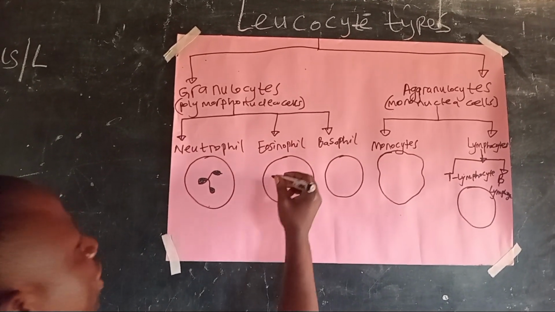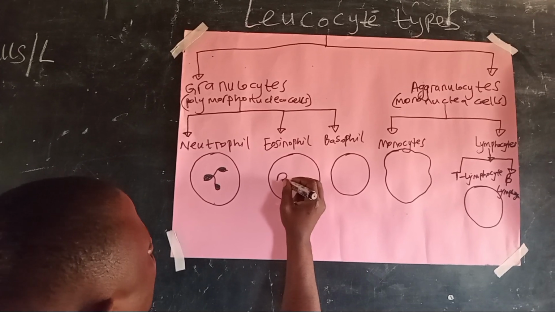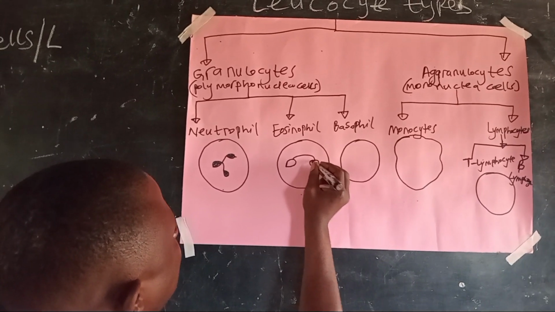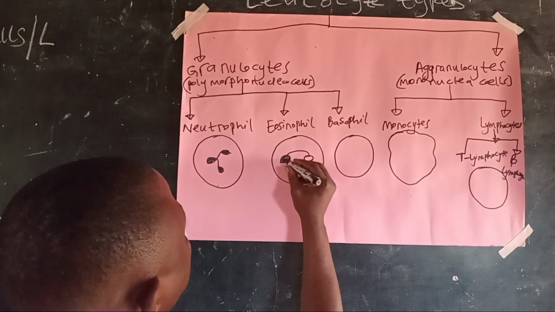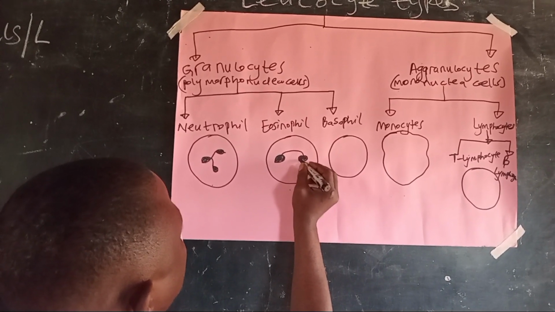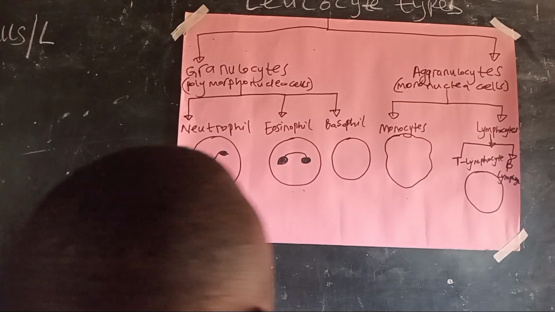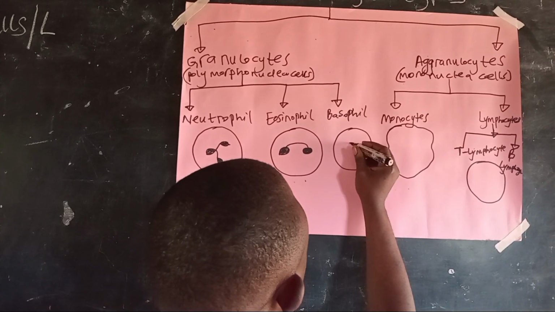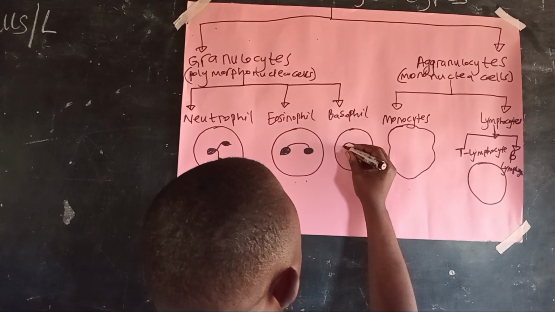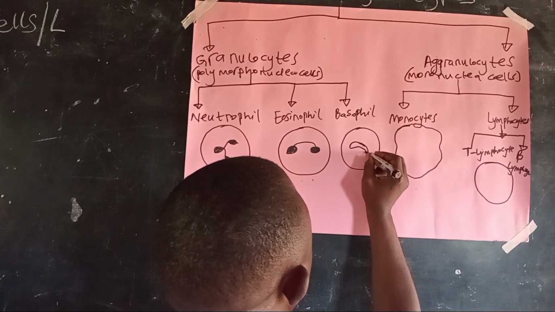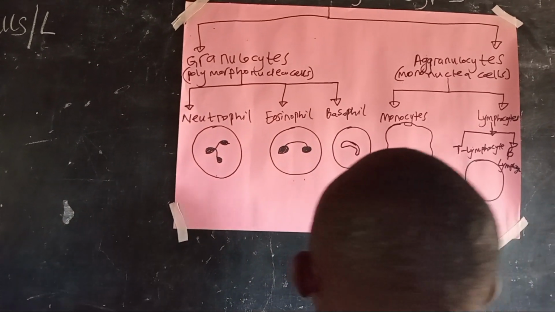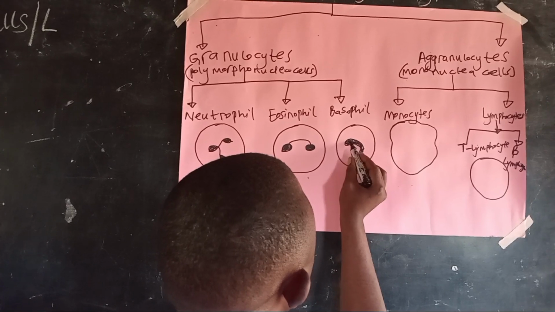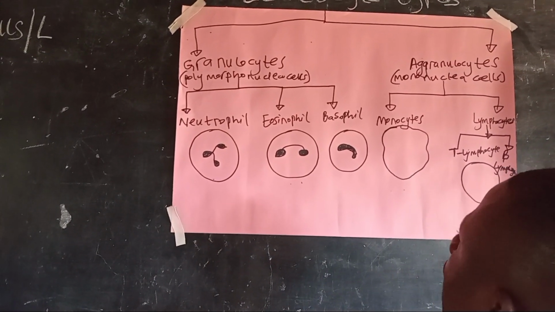The eosinophils, they have what looks like somebody putting on spectacles inside their cytoplasm. The basophils, this is the basophil.